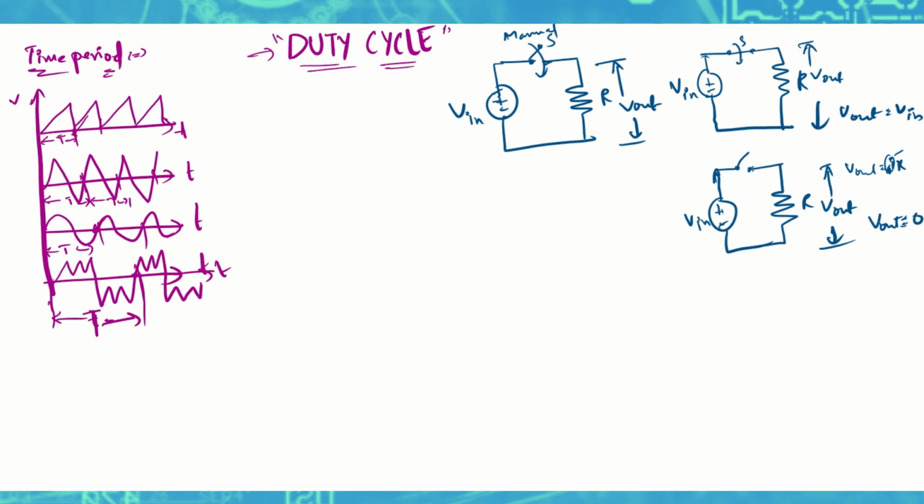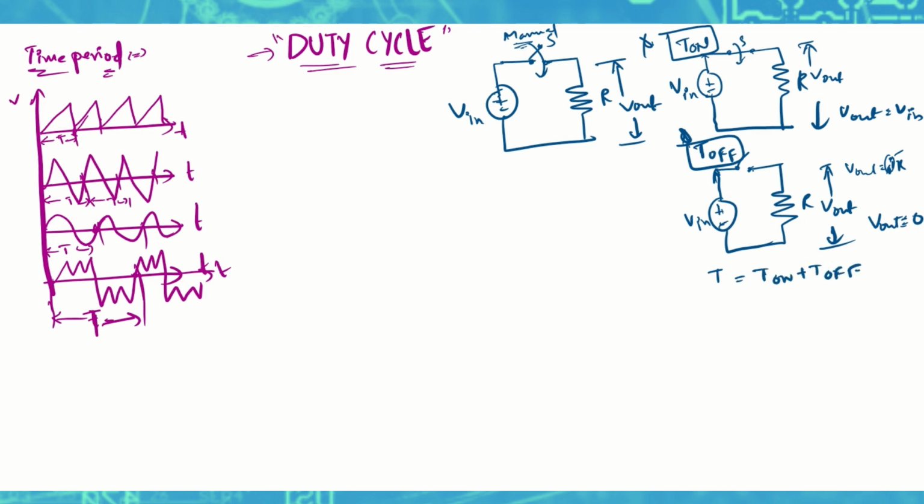Now let us say that you are operating the switch manually, closing this switch for T on of time and turning off this switch for T off of time. And T on plus T off is T.